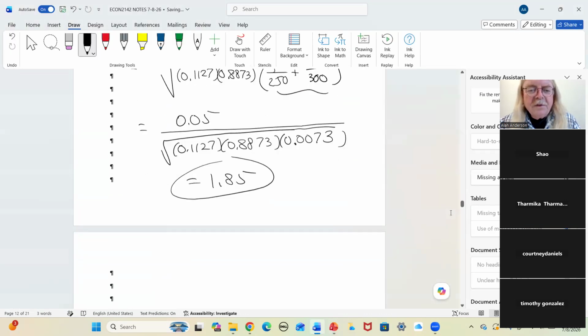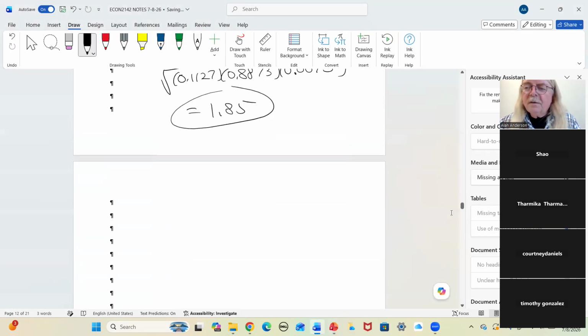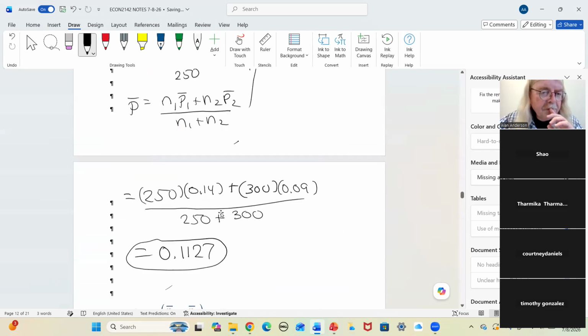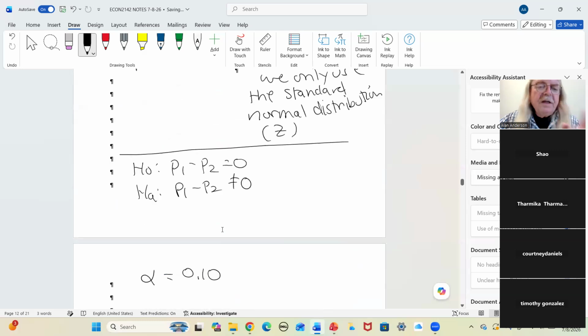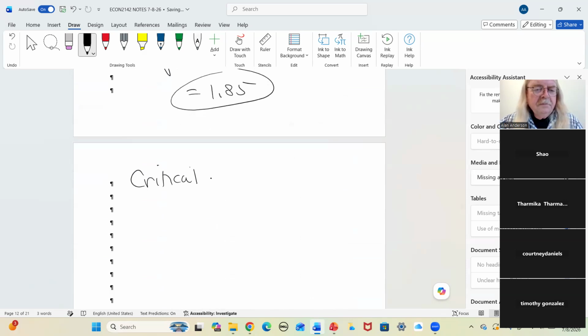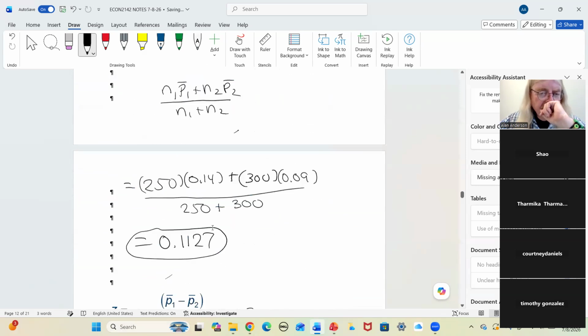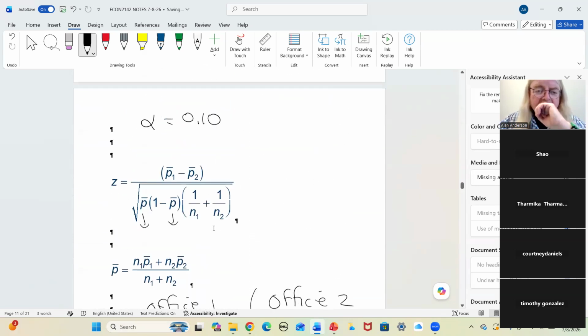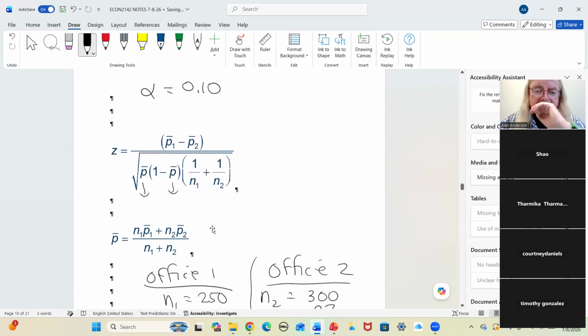Now, of course, I can do two things. I can do a p-value or I can do a critical value test statistic. So let's look up the critical value. Two-tailed test. But remember, alpha was 0.10. It's often 0.05, but it's not always. Here it was 0.10, so keep an eye on that.